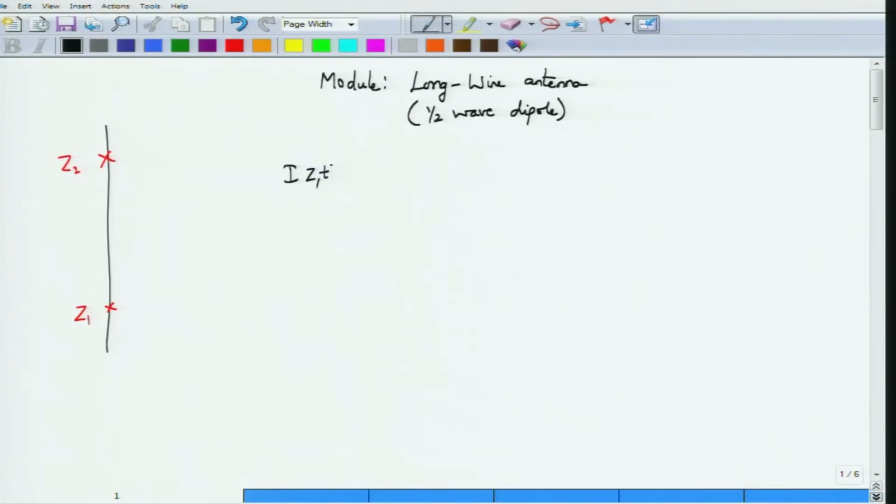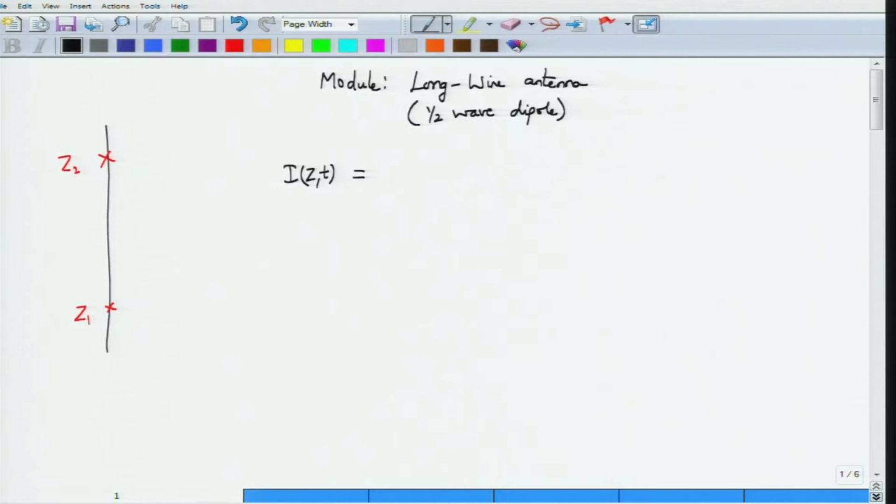Now, before we can proceed, of course, I also need to know the current. Let us assume that the current at any point on the wire is given as a function of both z and t. Why would it be a function of z? Because now the wire is no longer centered at z equal to 0, in the sense that the wire length is quite long, and we know from our transmission line theory that any piece of wire which is comparable to the wavelength will have waves on it.